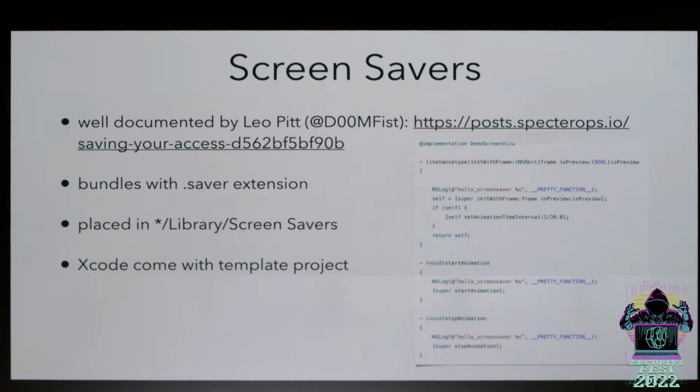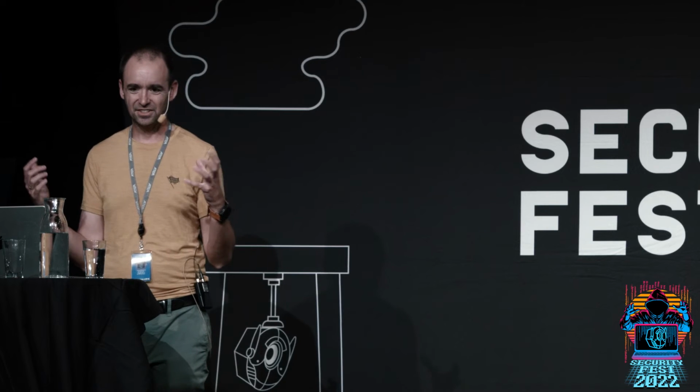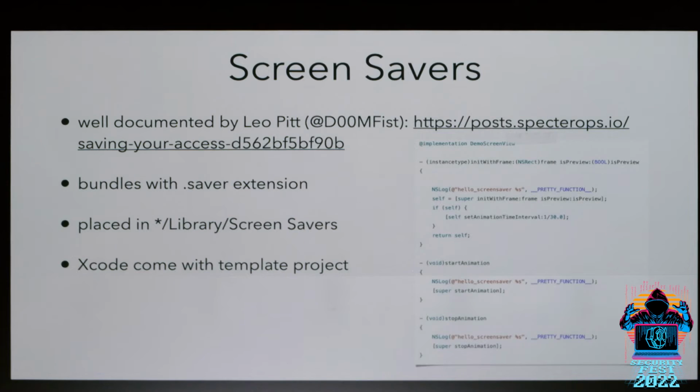Next one, Screensaver. This was first very well researched by Leo Pitt (Doomfist) on Twitter, and he has a very detailed blog post about it. Basically, the screensavers are also bundles on macOS. So let me step back. A bundle on macOS is basically an application, or it's basically a directory structure with some defined content.